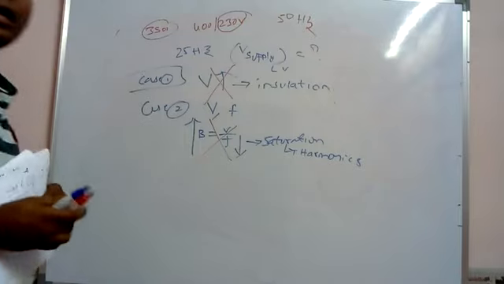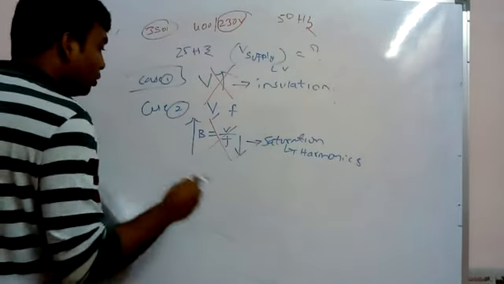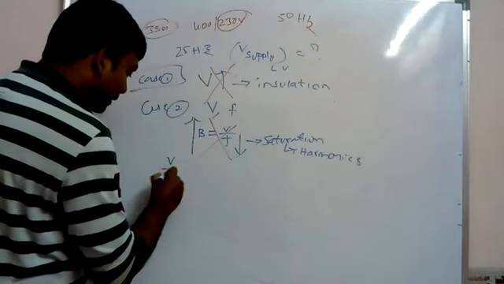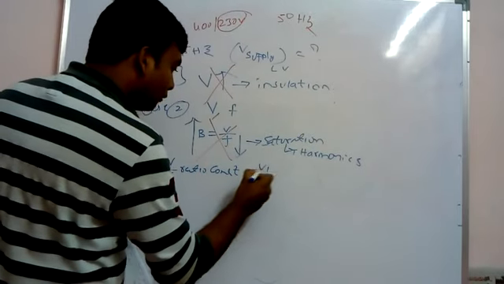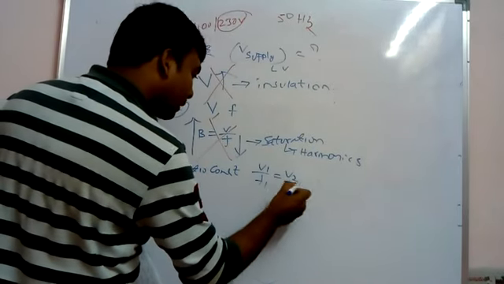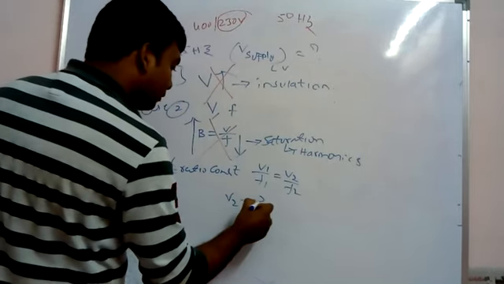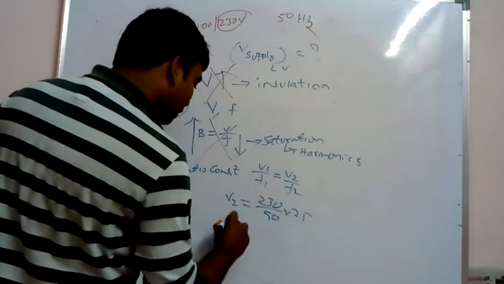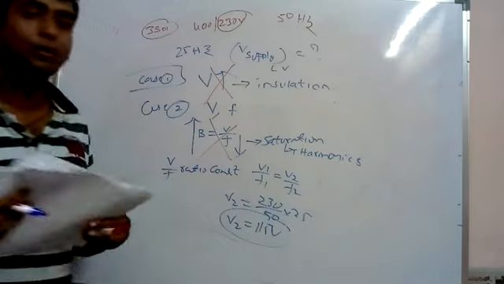Voltage cannot be increased, frequency cannot be decreased. Now take the case where the V by F ratio is maintained constant. So V1 by F1 equals V2 by F2. Now you require V2. V1 is 230, F1 is 50, whereas F2 is 25. If you solve, you will get V2 as 115. This is the answer.